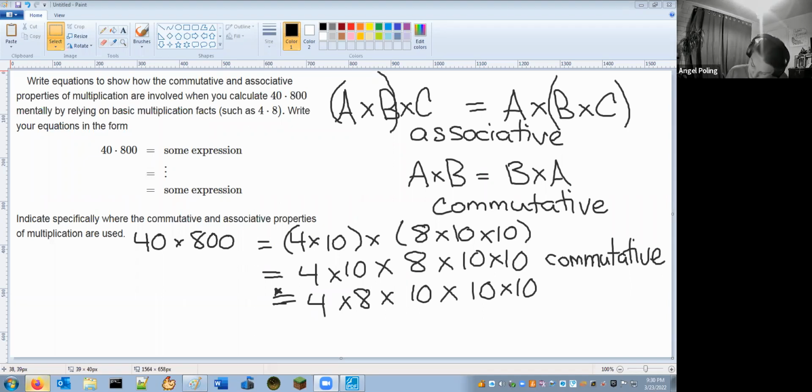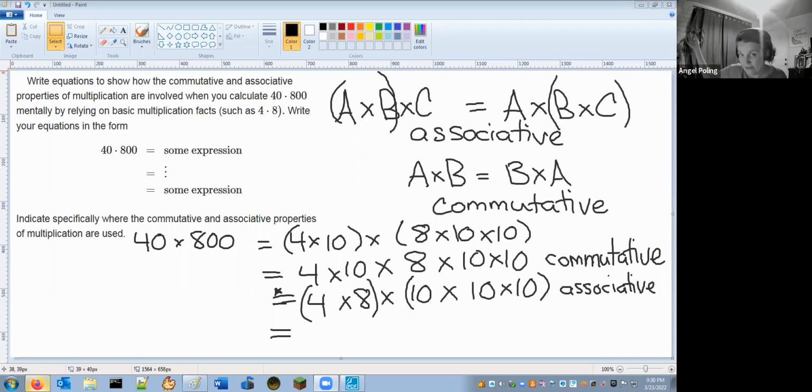Now I'm going to associate the 4 with this 8, and then all of these 10s together, right? It's technical here because I suppose right here we've used the associative property because we didn't group any of the 10s with the 4 and the 8.